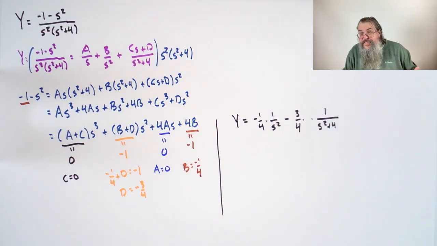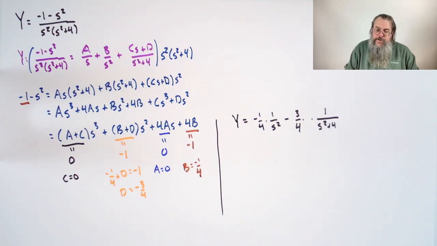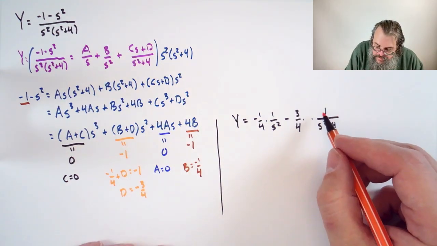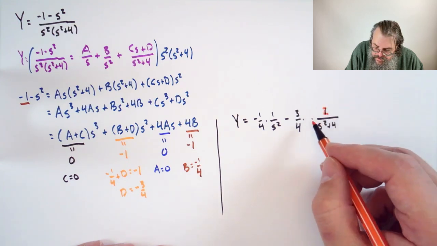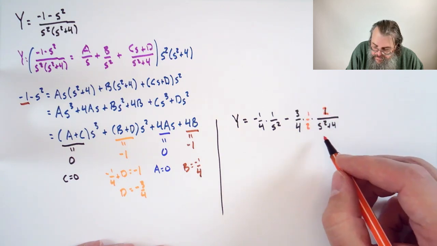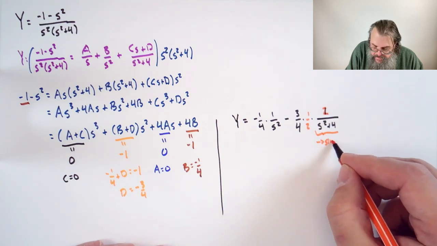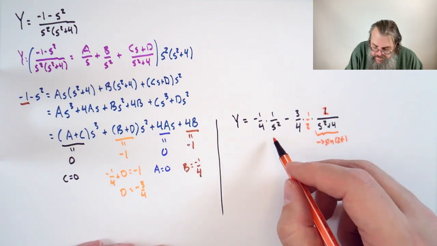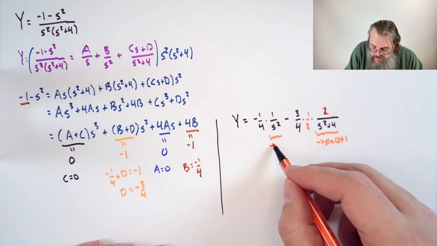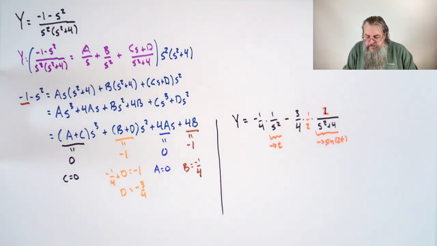But I'm anticipating, because we've already been through this once. We need to put a 2 here, so we're going to put a half here, so that this part goes to sine of 2t, and this part just automatically goes to t, same as before.